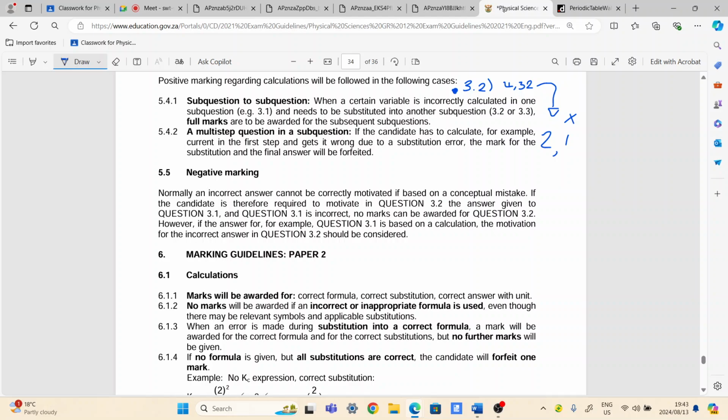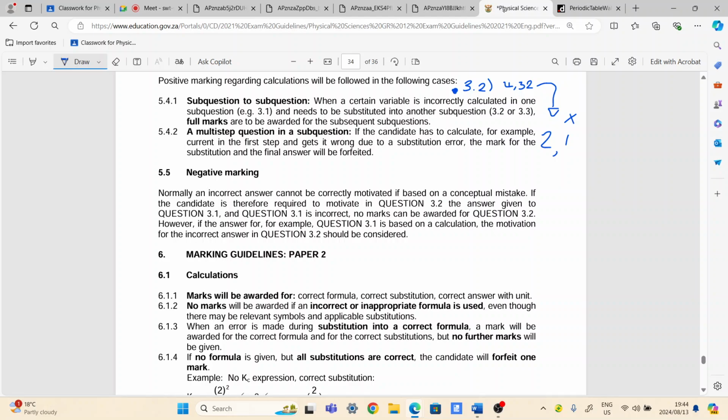Basically what they're saying is if you have to give an explanation in 3.1 and you have to follow up in 3.2 with another explanation to motivate your answer in 3.1, you won't get the marks if you are incorrect in 3.1.